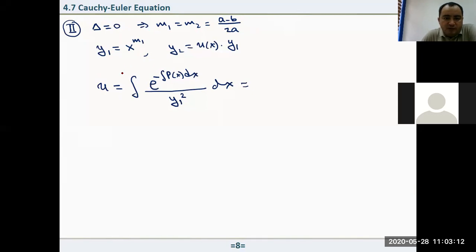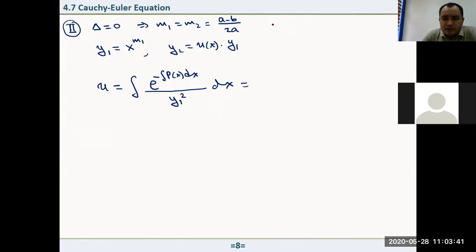If you remember this, now we have the first solution and we need a second solution that is independent of it. So these two are linearly independent. Since it's a second order differential equation, these two solutions constitute a fundamental set of solutions of this differential equation.